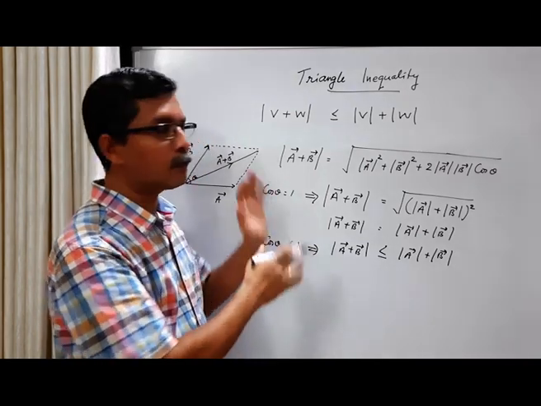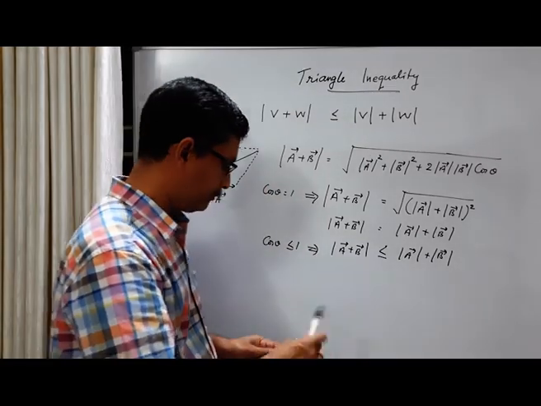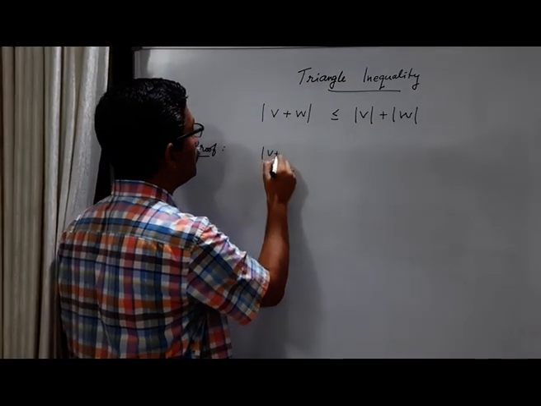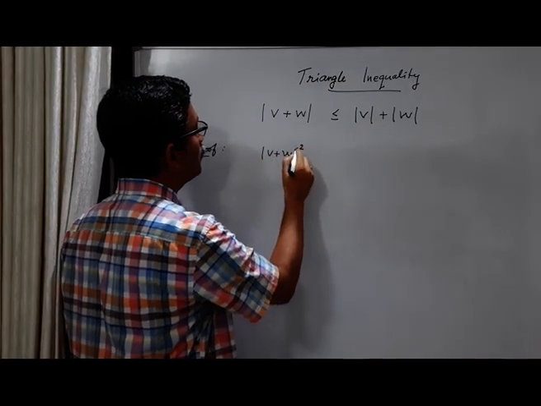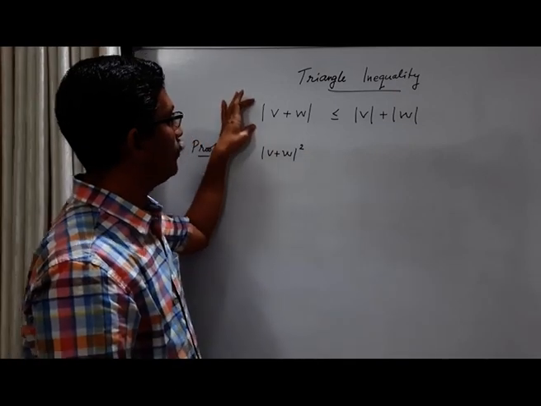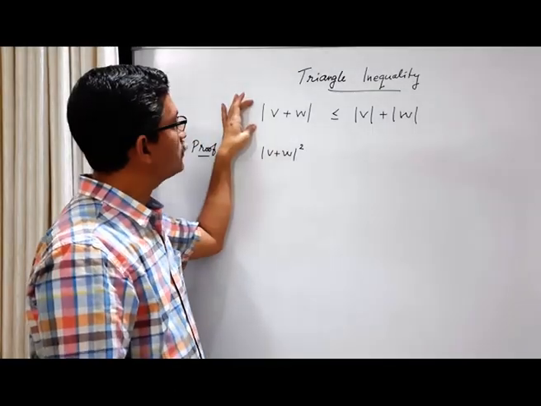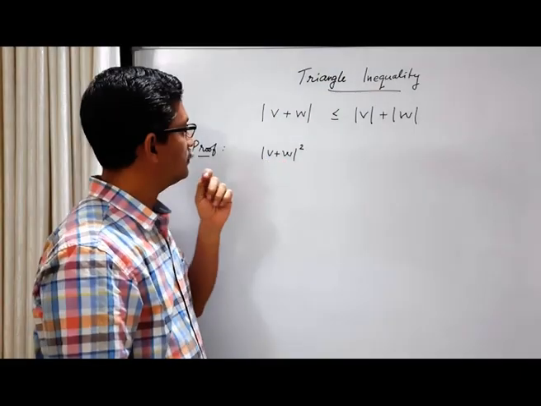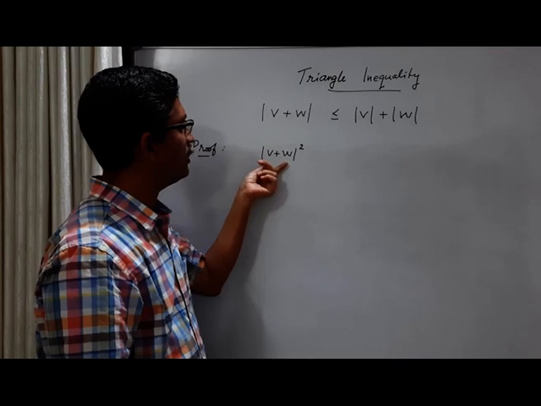Okay, now let us try to prove this triangle inequality. Let us take the square of this norm, the square of the norm of the sum of two vectors. Let us say the sum of these two vectors is simply a vector.